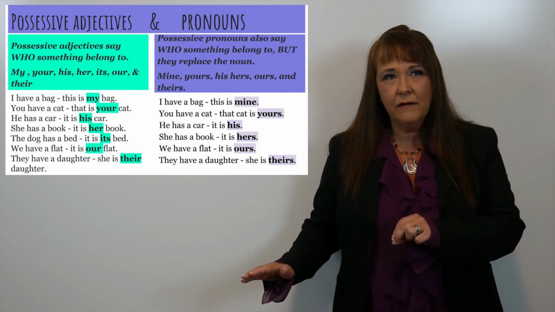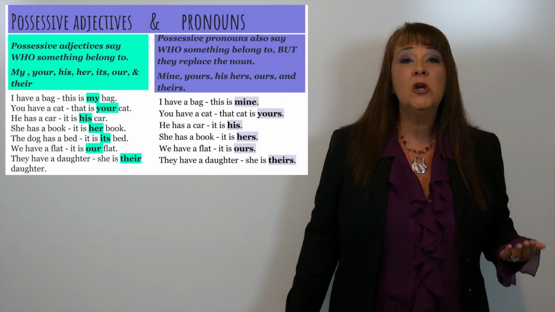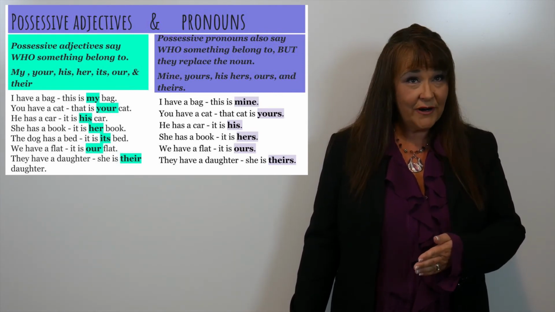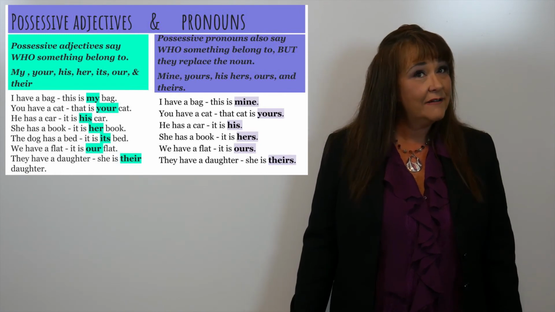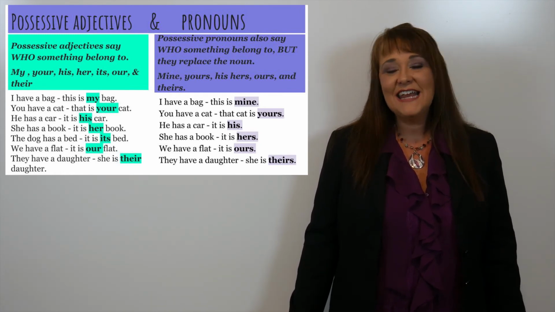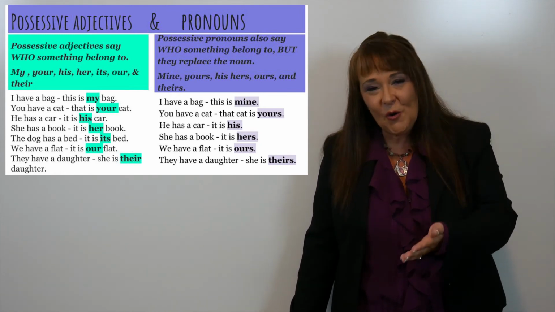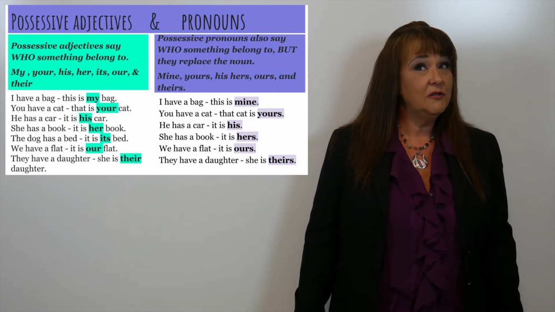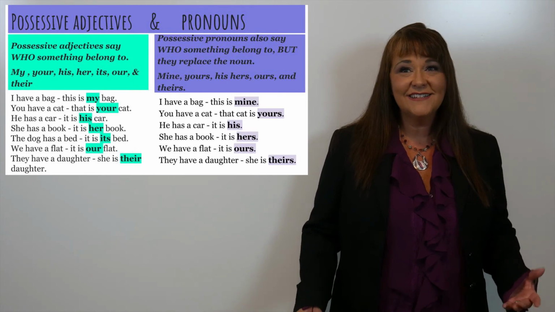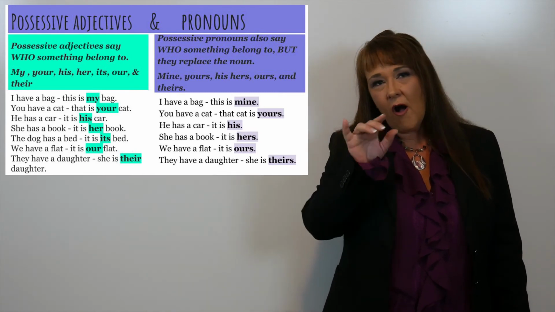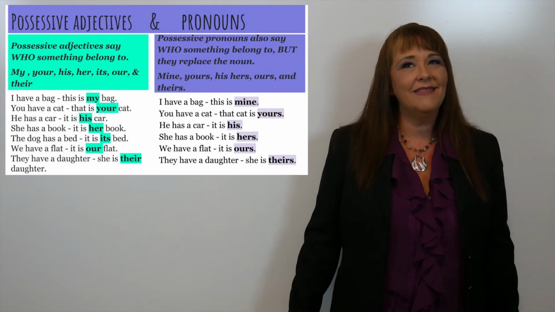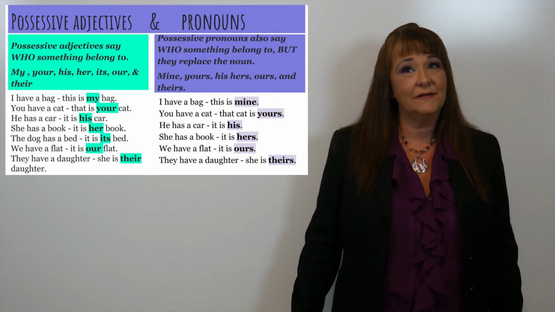No noun. That is your cat. Noun after it, which makes it a possessive adjective. Or that cat is yours. No noun after it. So do you notice how that works? Take a look at all of those sentences on this slide and compare them, and I think it will make more sense.